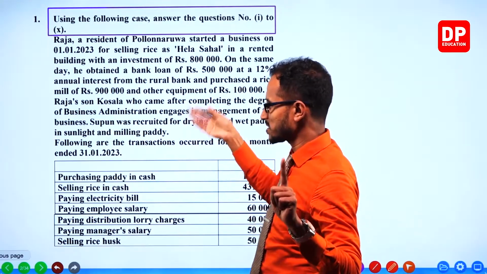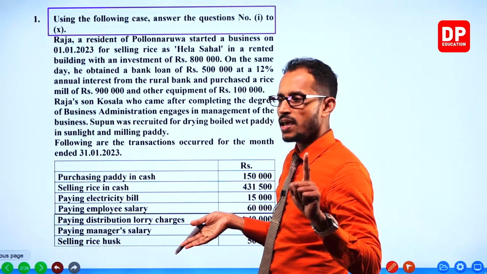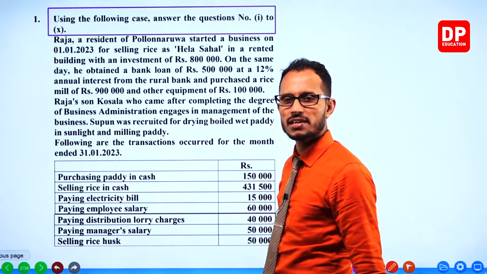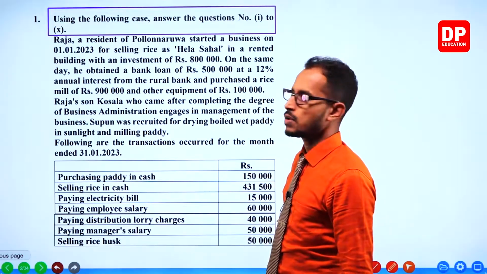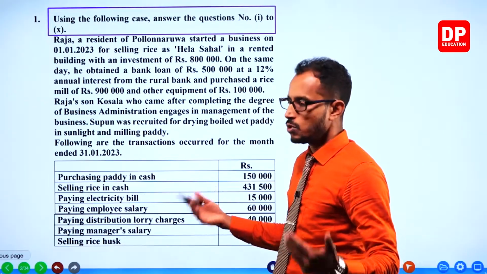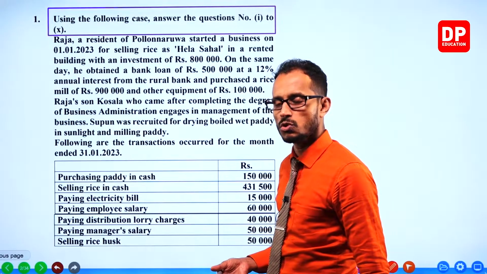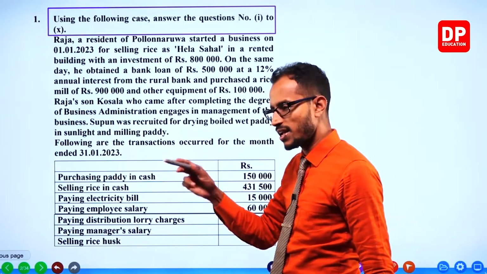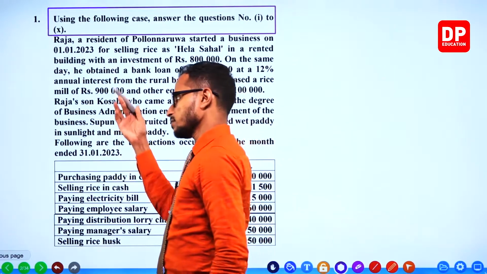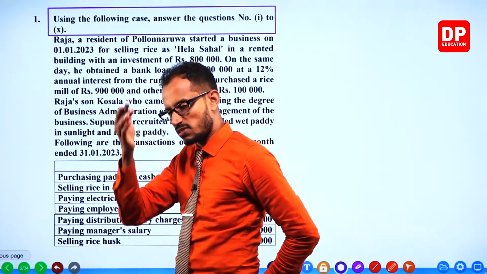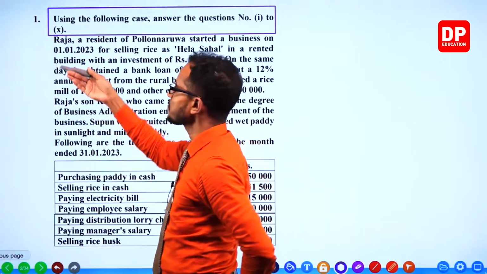I'm reading the case quickly, and I'm marking the important points here and there that I think will be useful. But if you go to the questions, you know where to mark. You note down and you highlight, or underline. You can do something like that. Better you quickly scan the questions and come back to the case.